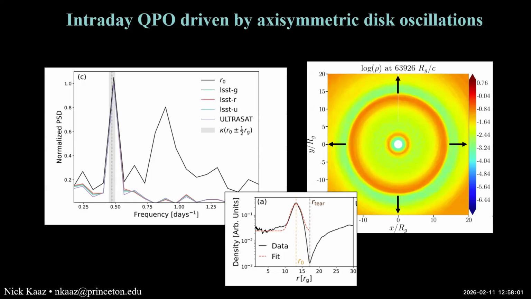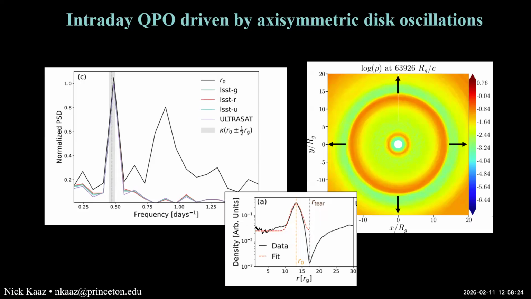I'm showing you this detail of where this inner disk is centered, because if we look exactly where this QPO is, this gray shaded region is showing you the value of the radial epicyclic frequency at this radius. So this should be the frequency that these radial axisymmetric oscillations operate at.